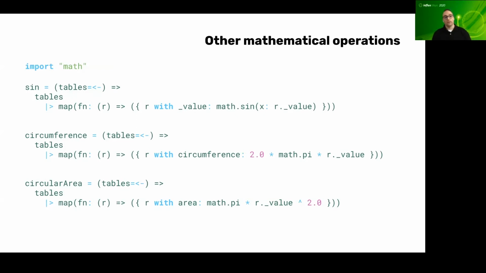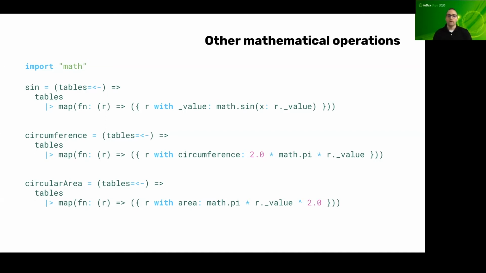Or I can use constants inside the math package. So for example, in circumference, I need the constant pi, which is included in the math package. To calculate the circumference, assuming that my value column contains the radii, those values are what are in the table.